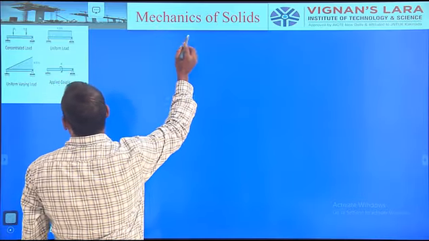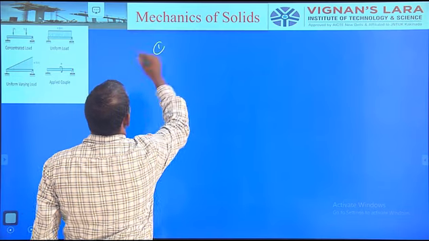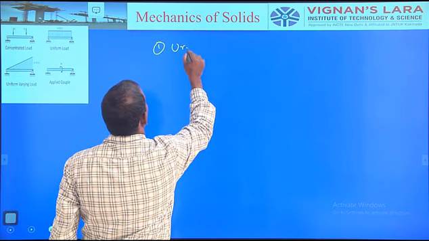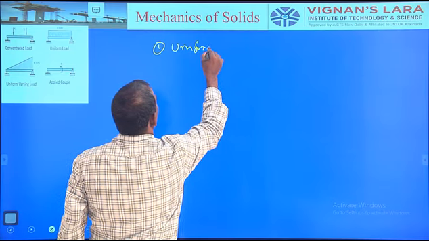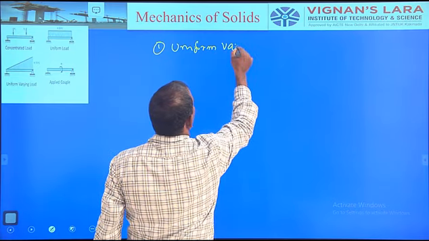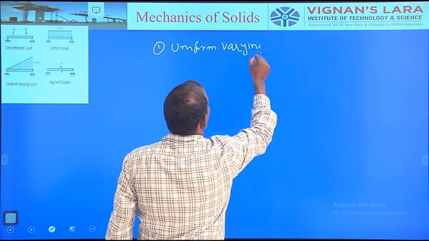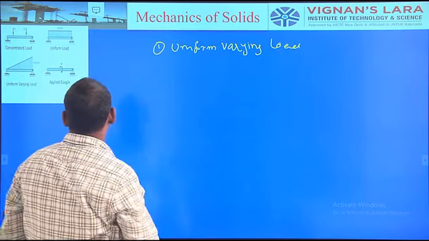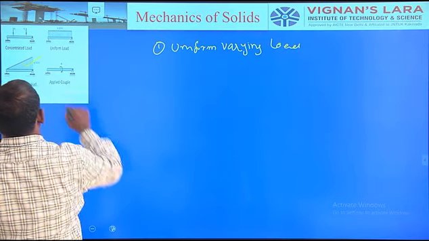The second one is the uniformly varying load. It is also a very important one. Graphically it is represented in such a way.